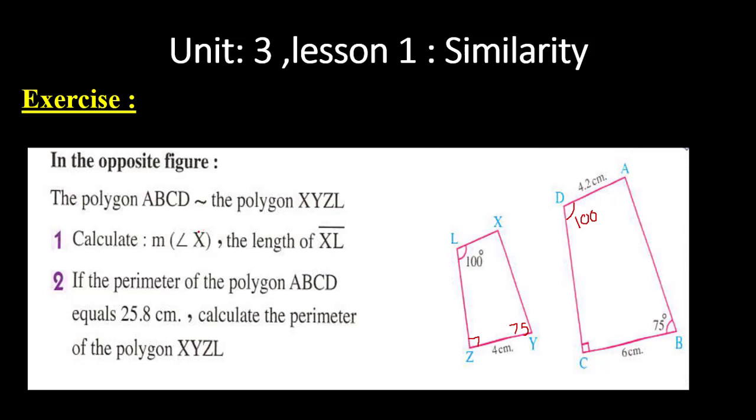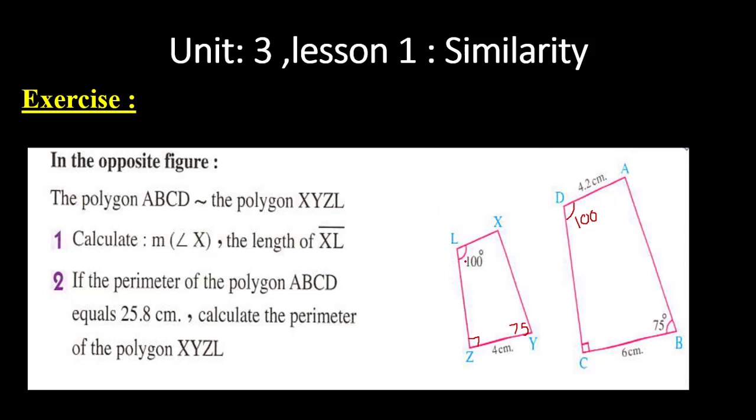So it's very easy to get the measure of angle X. We have a quadrilateral and we have 3 angles. We can get angle X because the summation of the interior angles of a quadrilateral is 360.